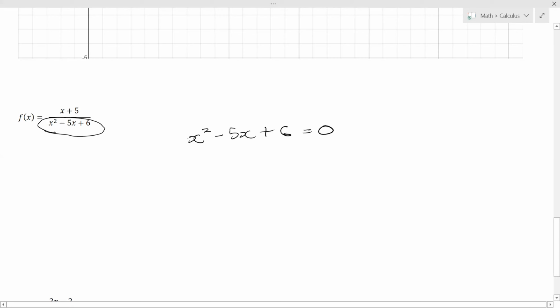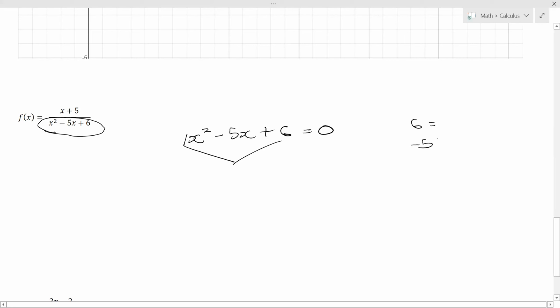factorize this. The coefficient of x squared here is 1, so what is 1 times 6? 6. So we have to think of two numbers that, if you multiply them together, you get 6, and if you add them together, you get -5. Multiply them together, you get 6. Add them together, you get -5.